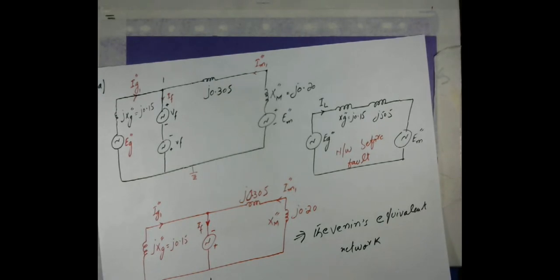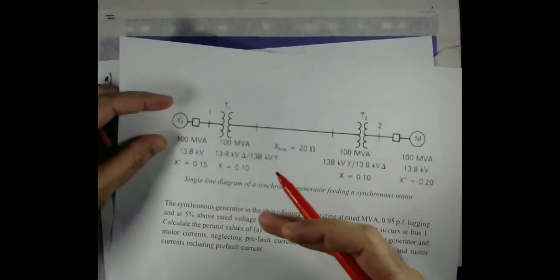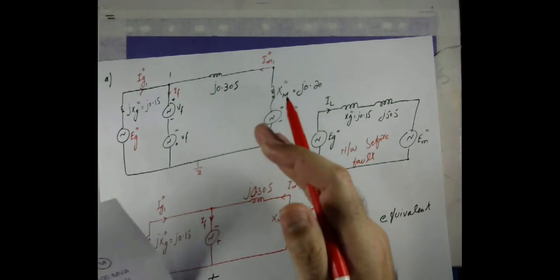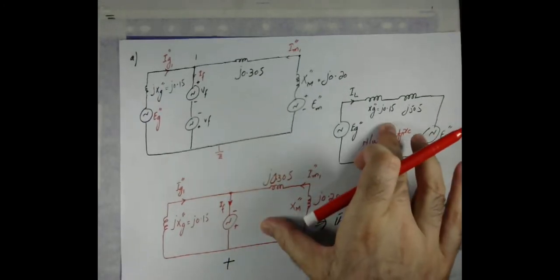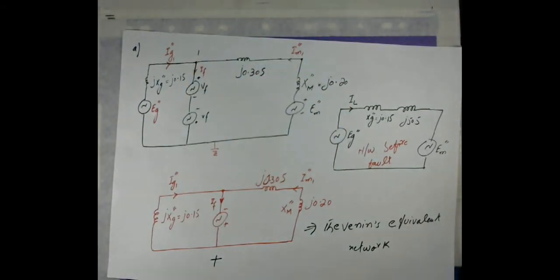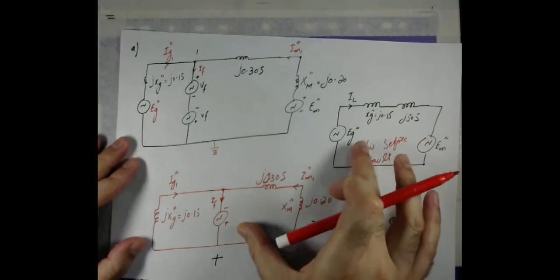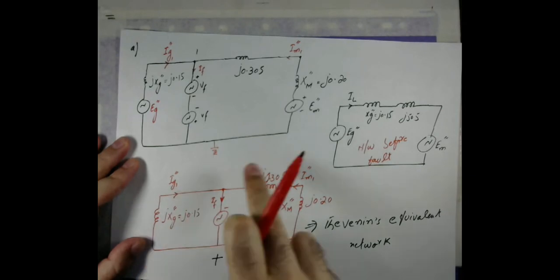We are following this network, and I am making all the calculations. The results of these two networks will be added to get the currents during the faulty condition.